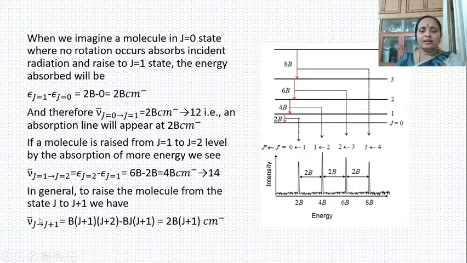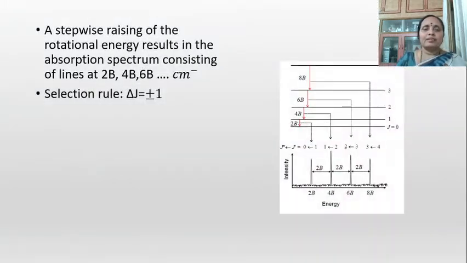In general, to raise a molecule from J to J+1, it will be B(J+1)(J+2) minus BJ(J+1). When the molecule gets excited, this expression simplifies to 2B(J+1) centimeter inverse.